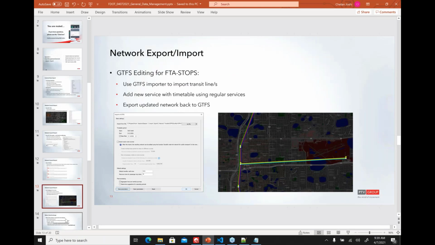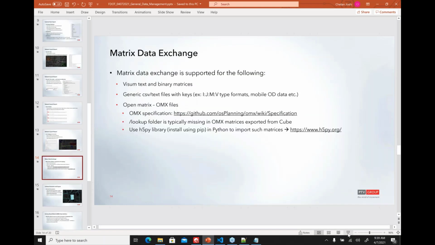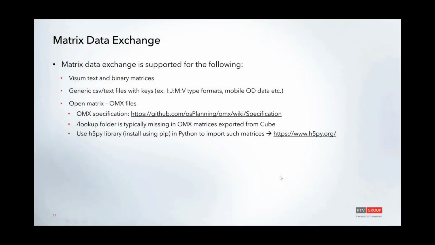Another important topic with models typically is matrix data exchange. Visum supports data exchange for various matrix formats. You can have matrix data either in Visum format, which is either a text file or Visum binary matrices. And then you can also interface with generic text files or CSV files that are delimited by comma, semicolon, and so forth.